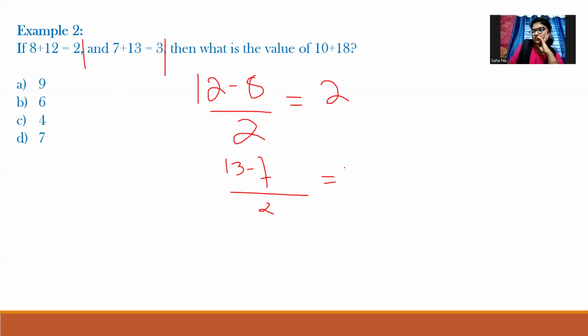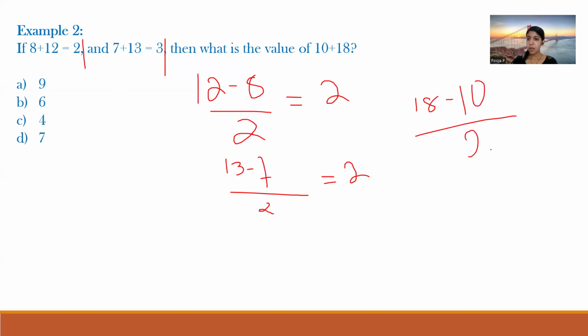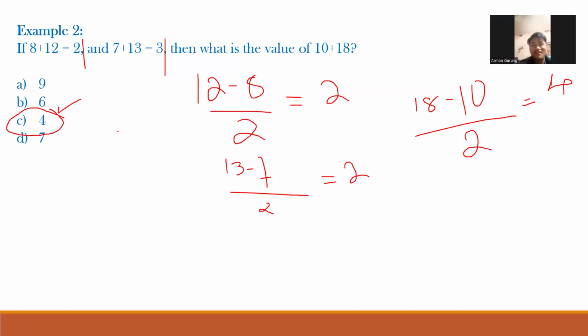So what are you supposed to do? 18 minus 10 divided by 2. So what are you left with? 8 by 2, which is option C, 4. Sahana, although you had a very random guess about 4, it is apparently correct in this question. So option C, 4 is the correct answer.